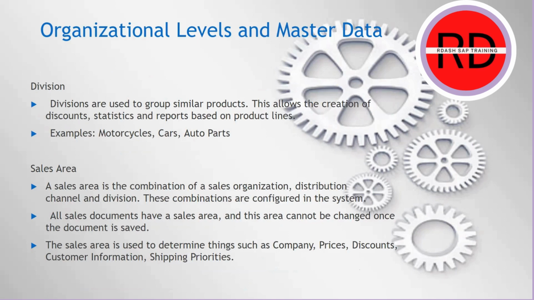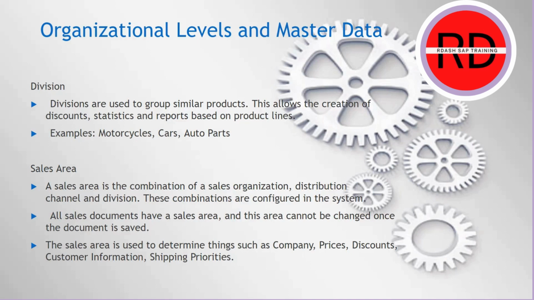Division means the type of product you are dealing with. If I am dealing with the steel business process, then my division will be steel. If I am dealing with motorcycles, cars, auto parts, then my product type or division will be like cars and auto parts.